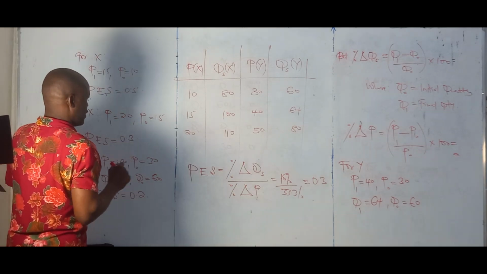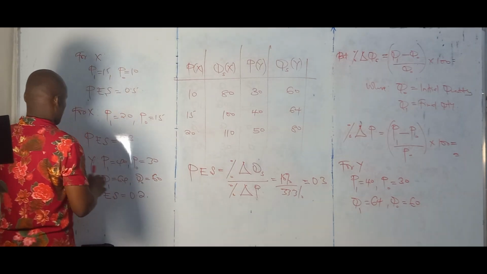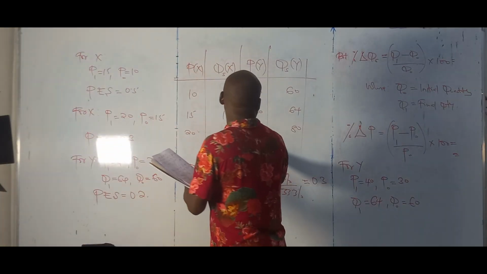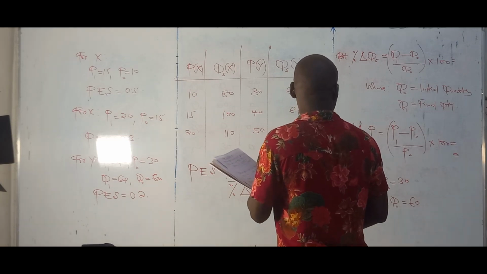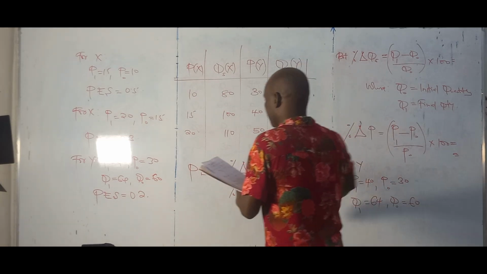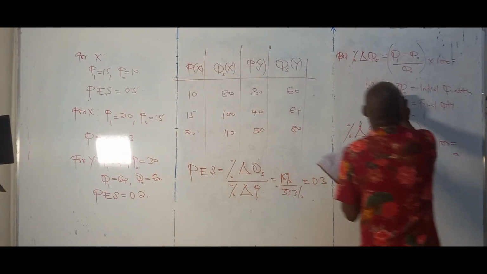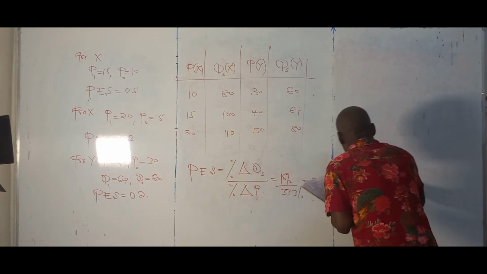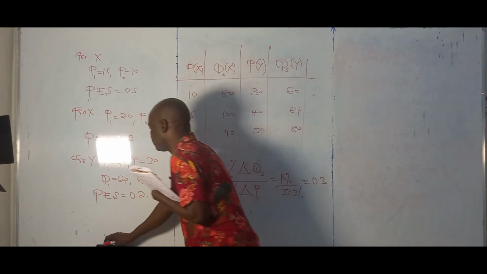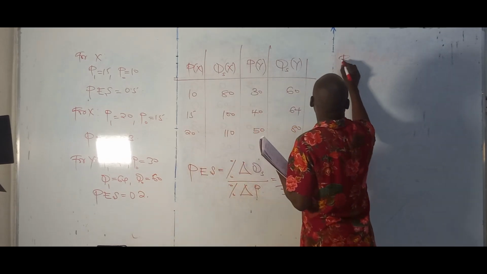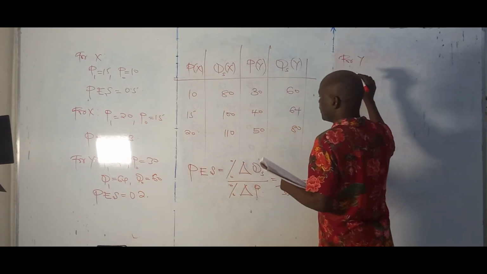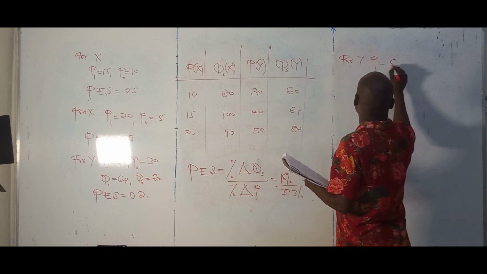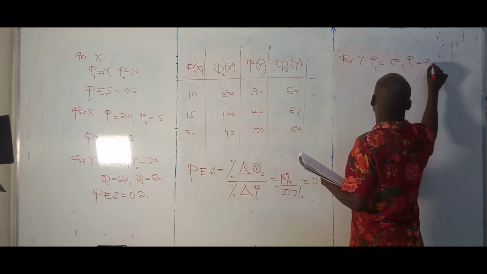But what is the value for the next price range? I think I can just rub this out without limiting ourselves. We have seen what they represent. So for y again, between the price ranges, P1 is 50 and P0 is 40.